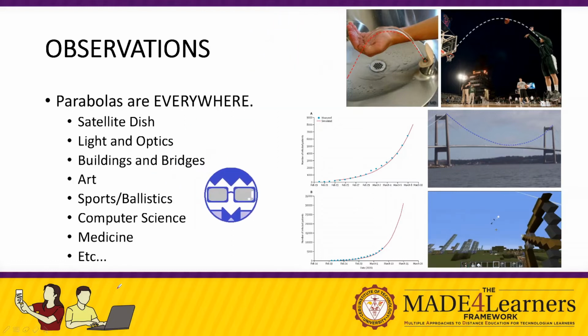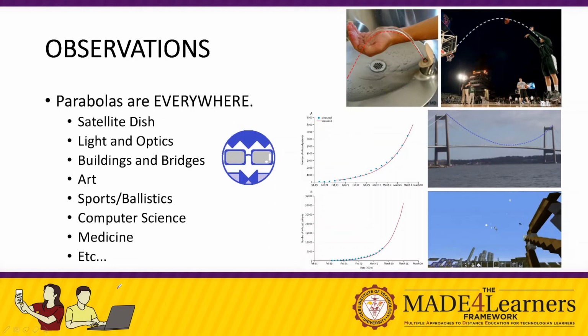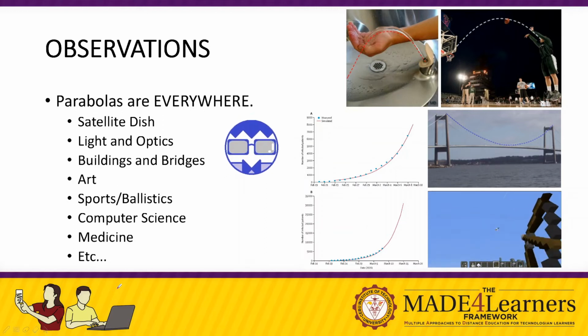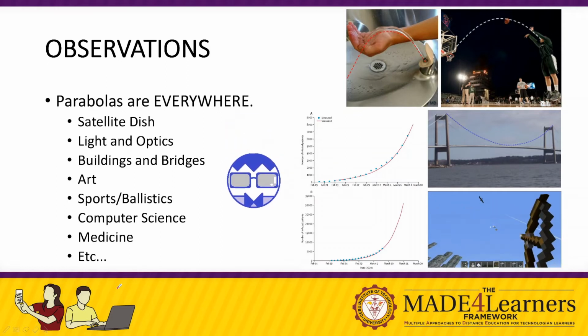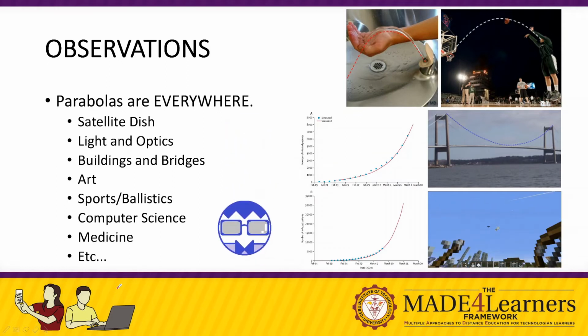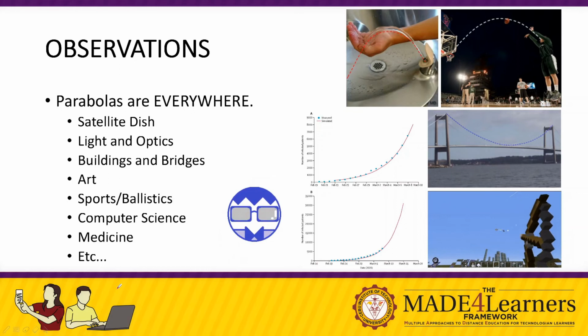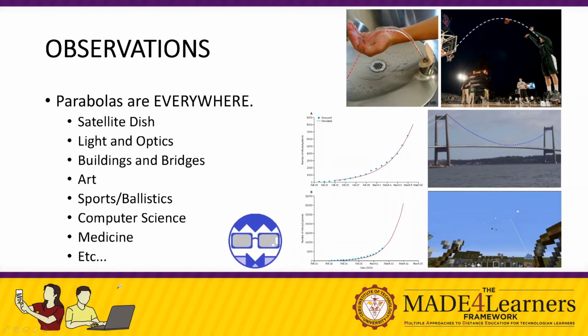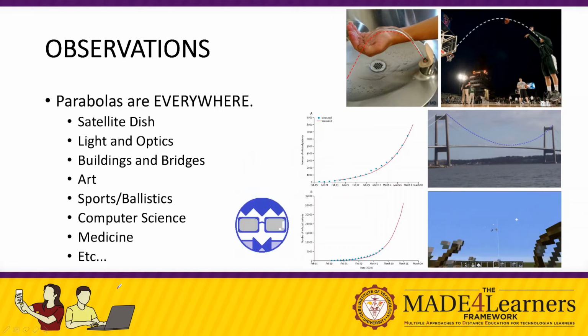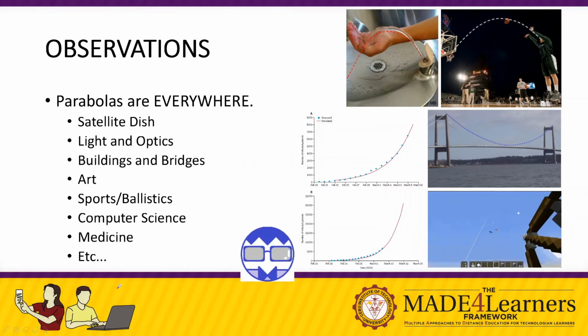For example, in our satellite dish, we use this in our antennas, in our communication devices, and even the Wi-Fi symbol in your cell phone bears some resemblance to a parabola.